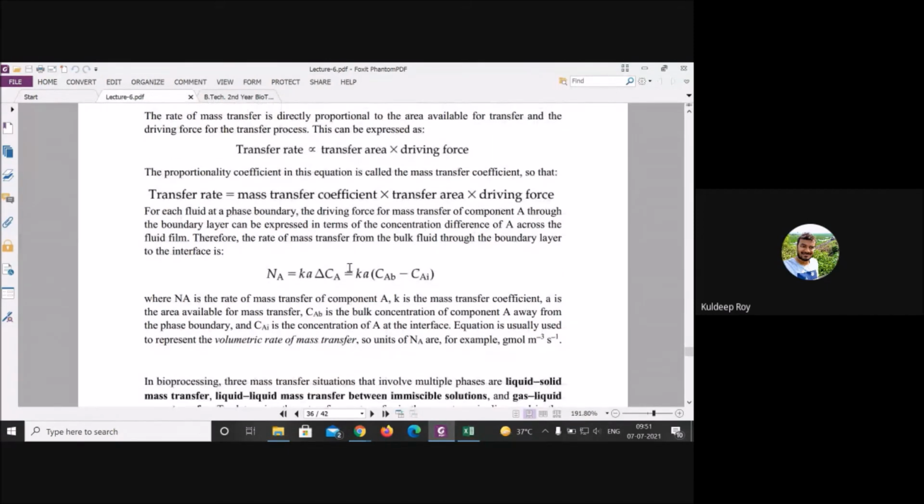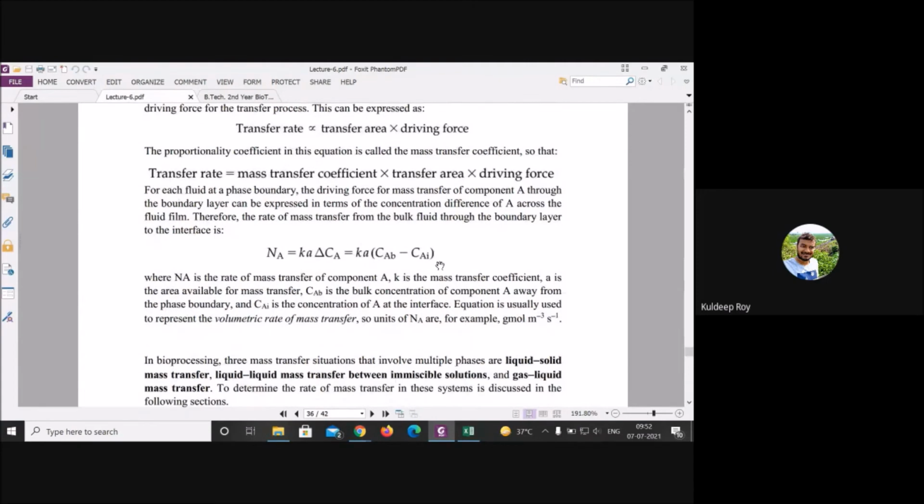This thing we have discussed, correct? Na is equal to Ka delta C, Cab minus Cai. This is the fundamental, or basic, expression to go further to categorize or study a gas liquid, solid liquid, and liquid liquid, whatever system you want to use.